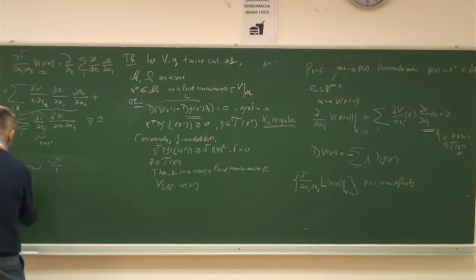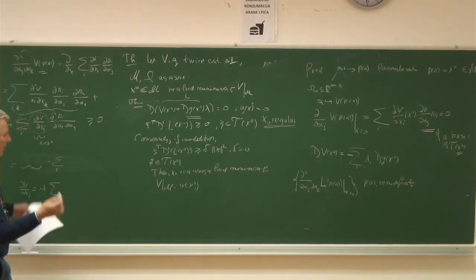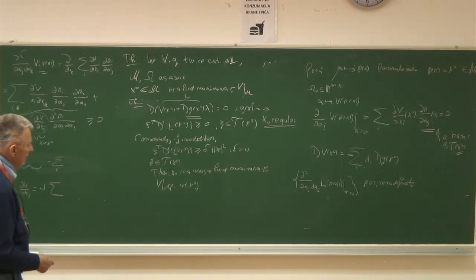That means that dv over dxi is equal to minus lambda sum over, well, I'm lacking so much indices.